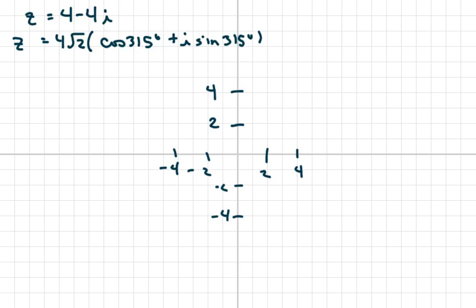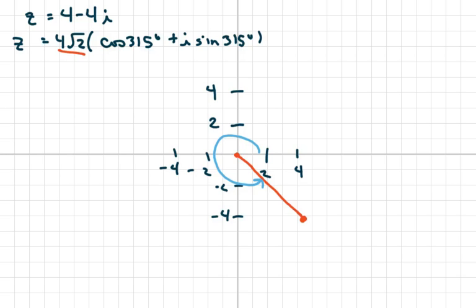So I'm going to go all the way to 315 degrees, which is right in here. It just cuts this quadrant 4 in half here. And my r is 4 square root of 2, so it's going to go down a little below 4 here. Something like that. And of course you can draw your angle like that.